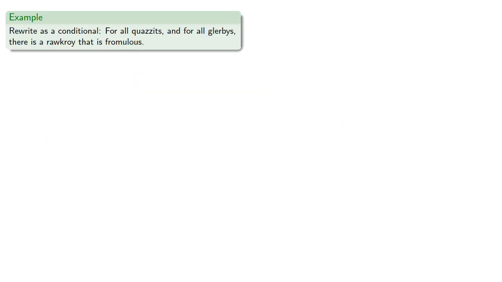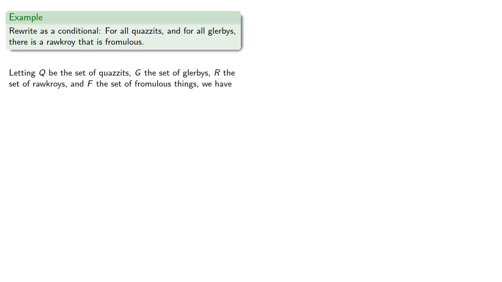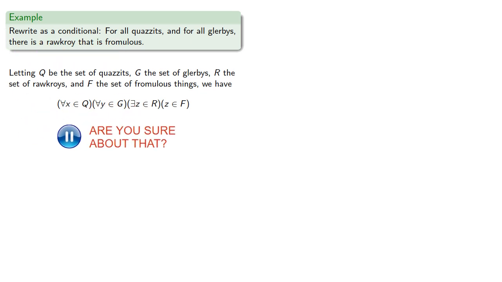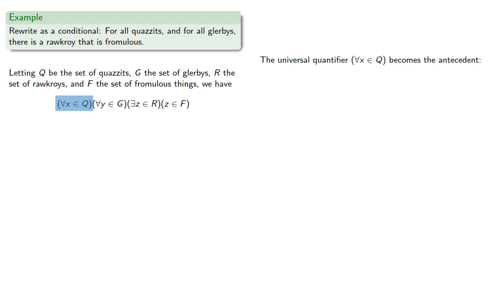Or let's take another example. For all quasits and for all glurbies, there is a rockroy that is fromulous. So letting Q be the set of quasits, G the set of glurbies, R the set of rockroys, and F the set of fromulous things, we can write our statement as. The leading universal quantifier becomes the antecedent. X is quasit.